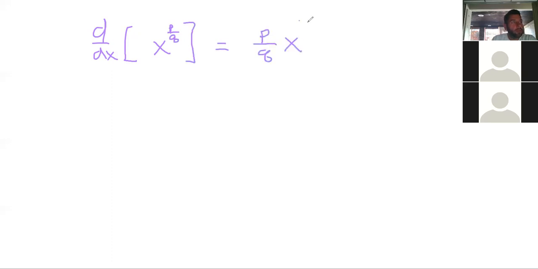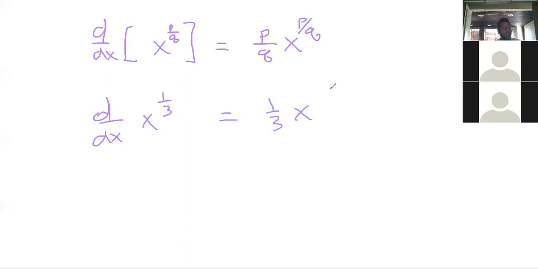That is, x to, let's say, we'll write it as p over q. And this sounds silly, but the derivative is just p over q x to the p over q minus 1. So don't get bogged down with this scary stuff, but just look at a couple examples. What we're saying is that, for example, the derivative of x to the 1/3 is 1/3 x to the negative 2/3. We already know this works for negative integers, but now we're telling you it works for rationals.